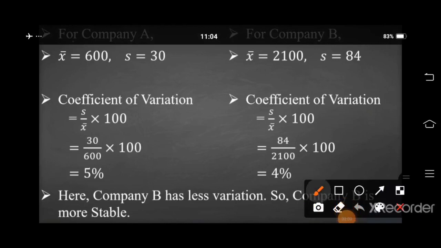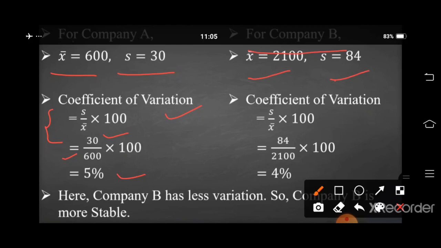Now, the coefficient of variation formula is standard deviation divided by mean into 100. Standard deviation is 30, mean is 600, into 100. The answer is 5%.